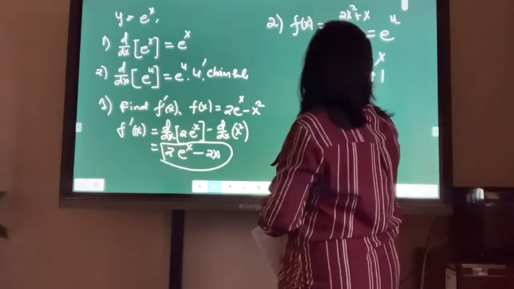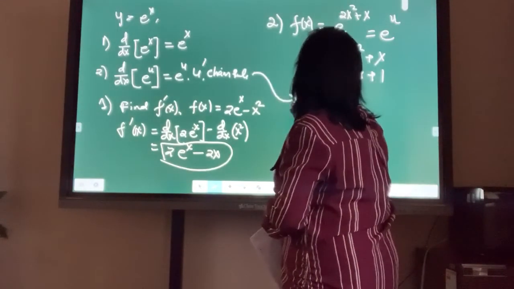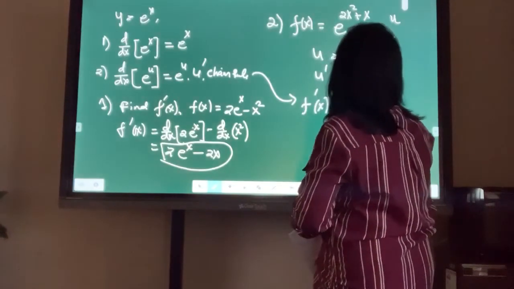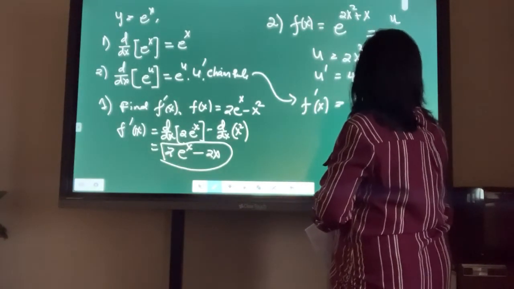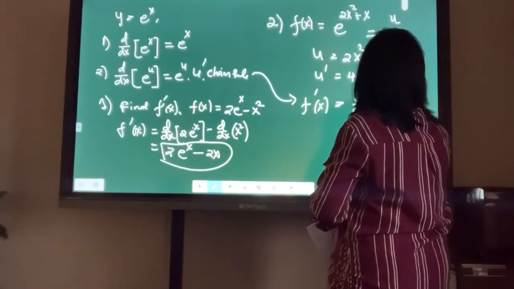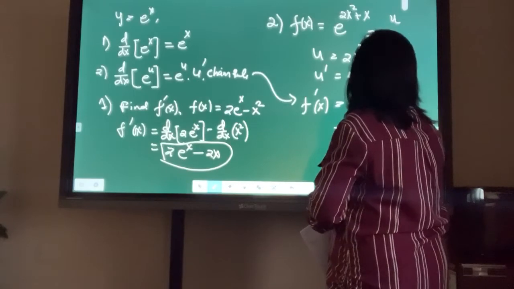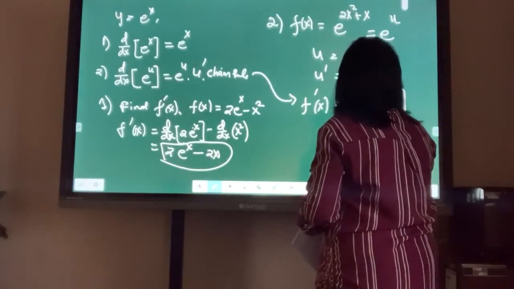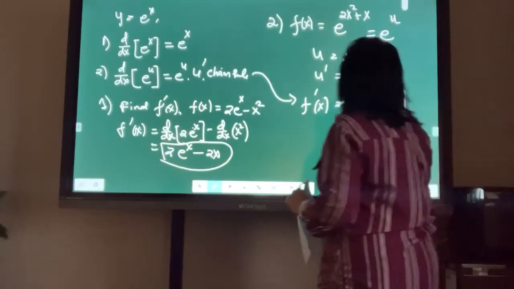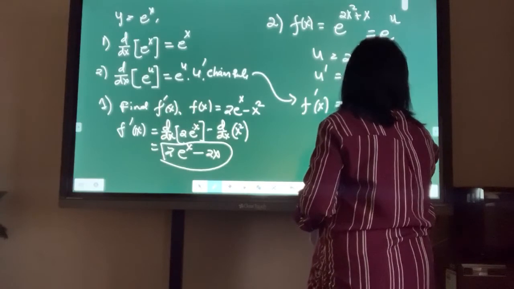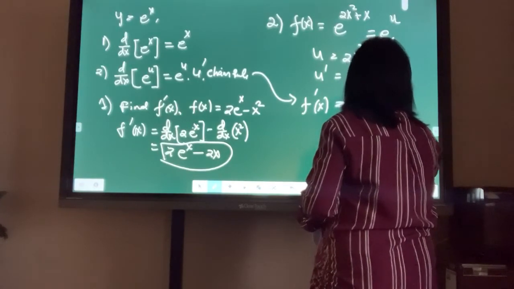So with that said, let's use our chain rule here. Let's start with the notation of the derivative, which is f prime of x. We say d over dx of e to the u, and that is u prime times e to the u. Oh sorry, this is not x, this is e to the u.